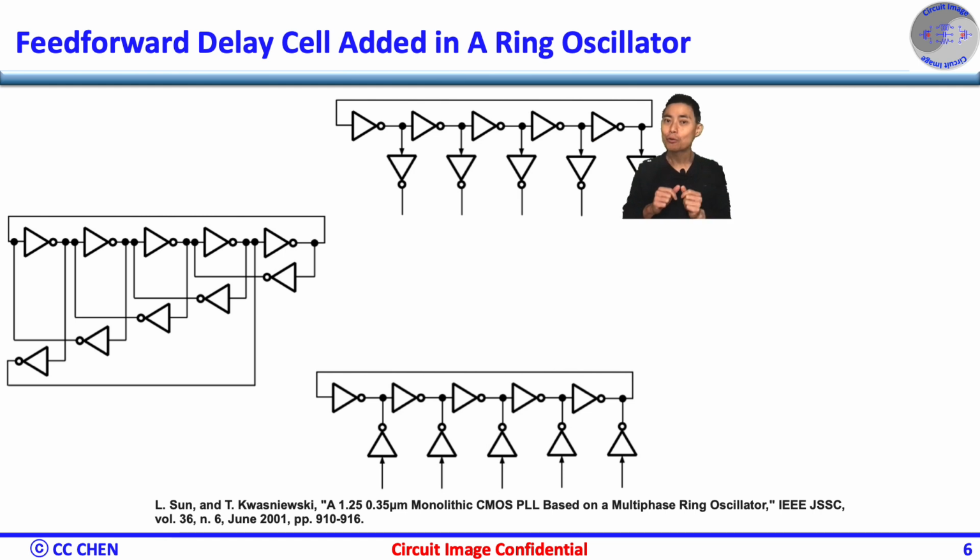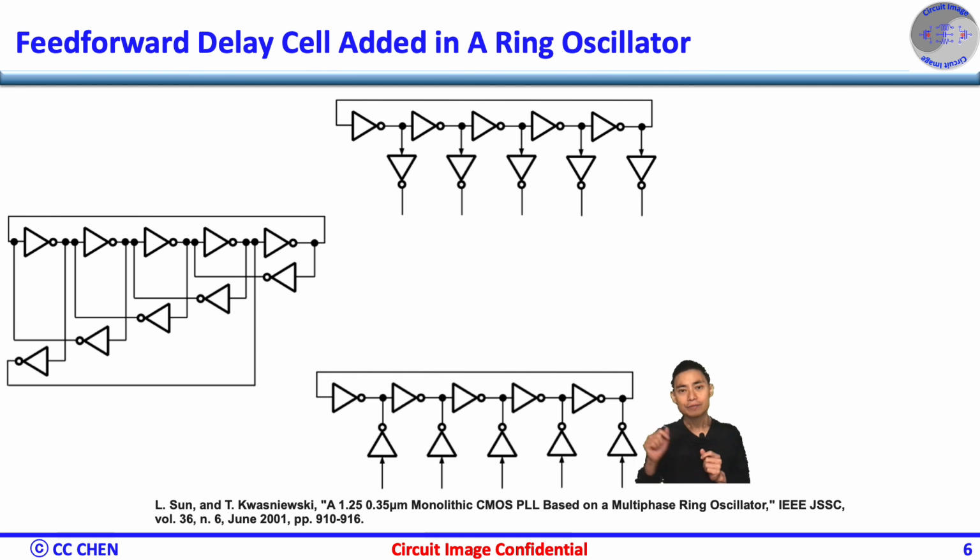Since the feedforward delay cells are added in a ring configuration, the feedforward path is also equivalent to a sub-feedback loop, which could be considered as an interpolated inverter image to boost the oscillation frequency through the symmetric arrangement to maintain the optimal phases and reduce the delay time between stages. Is the feedforward concept clear to you?